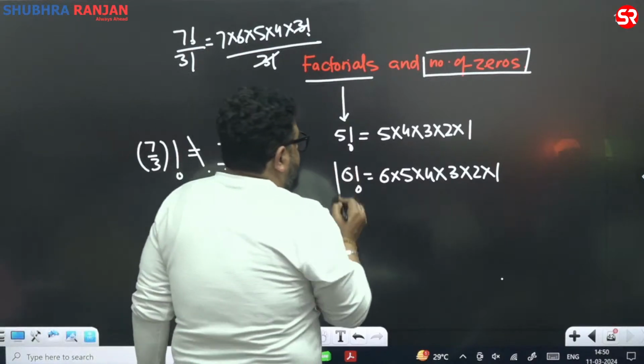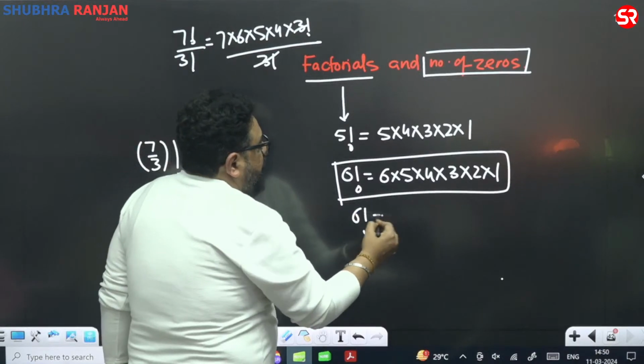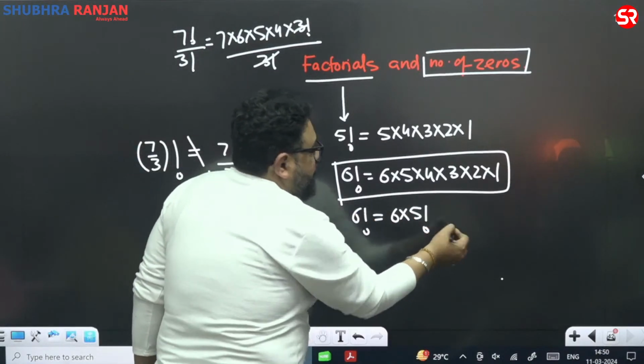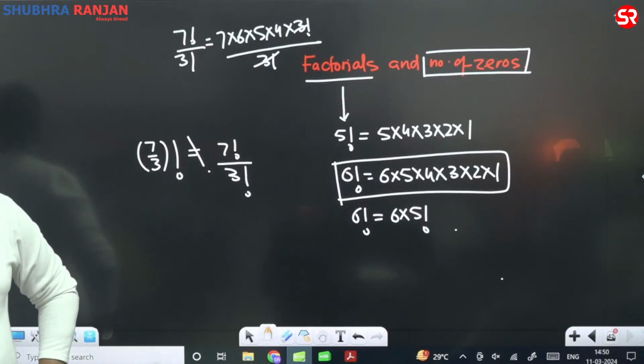6 factorial is 6 into 5 into 4 into 3 into 2 into 1. Can I write 6 factorial as 6 into 5 factorial? Can we write this? Isn't it?